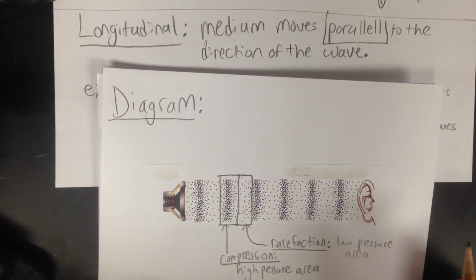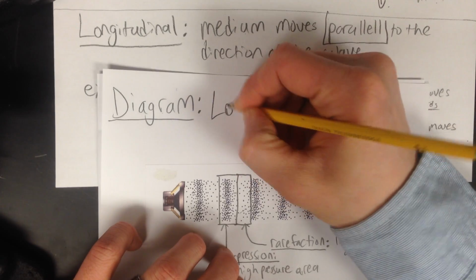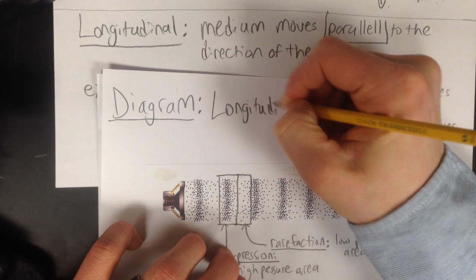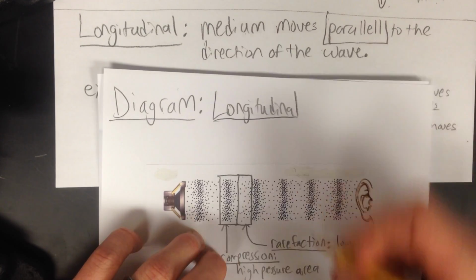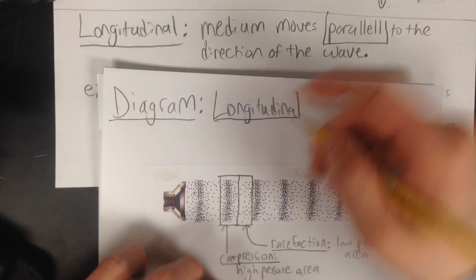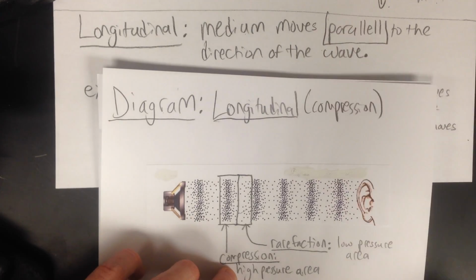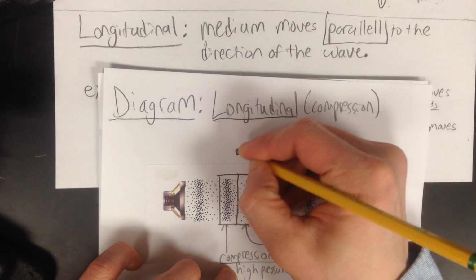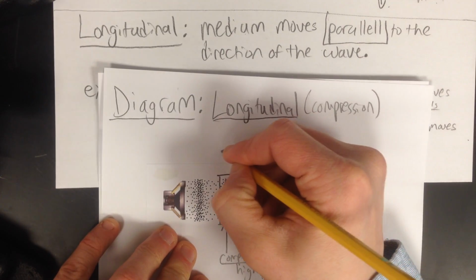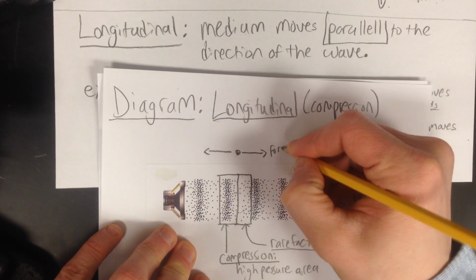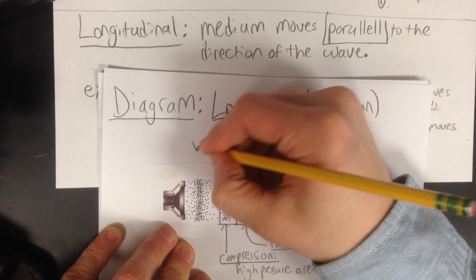So this is your diagram of a longitudinal wave. Sometimes people call it a compression wave, where each molecule moves forwards and backwards.